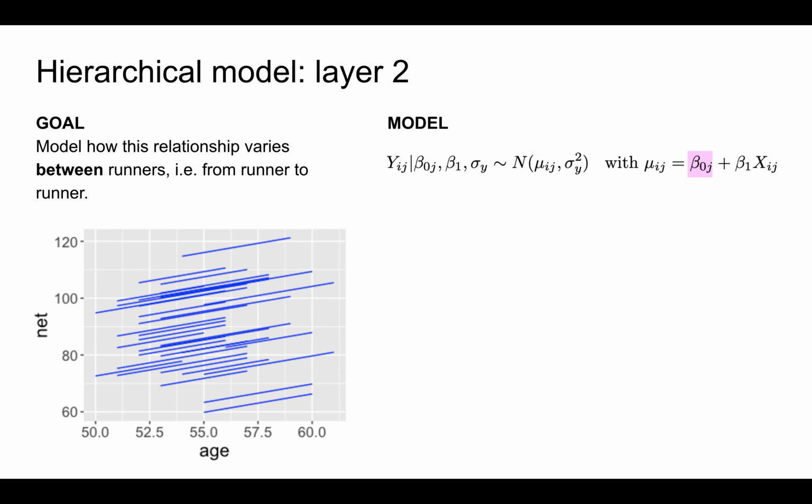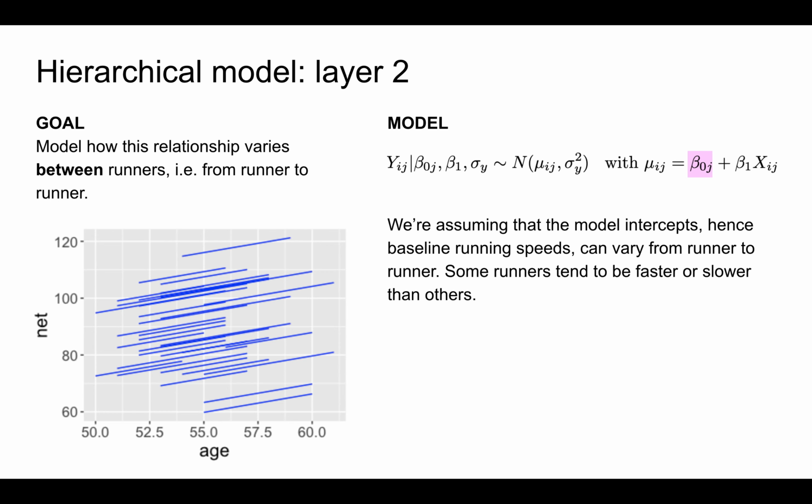In this model, the only subject-specific parameters are the intercept terms beta 0j. This notation indicates an assumption that the model intercepts, hence baseline running speeds, can vary from runner to runner. Some runners tend to be faster or slower than others.